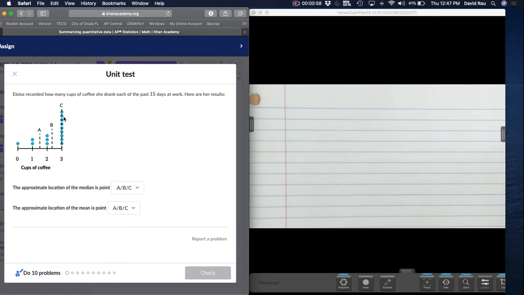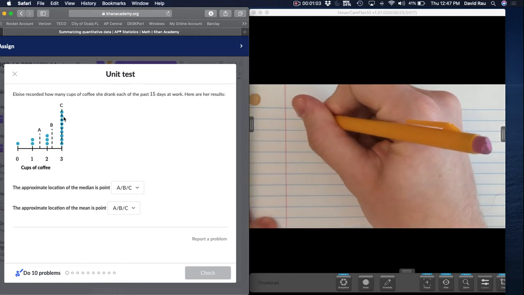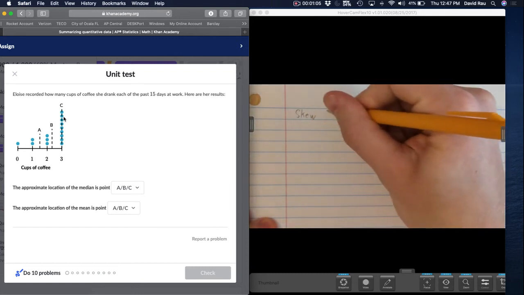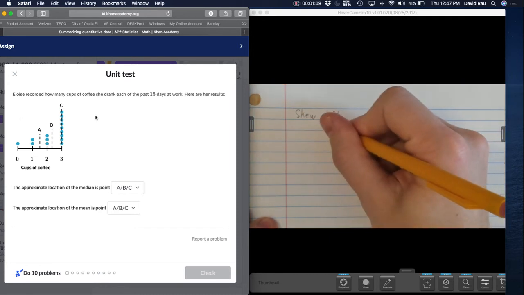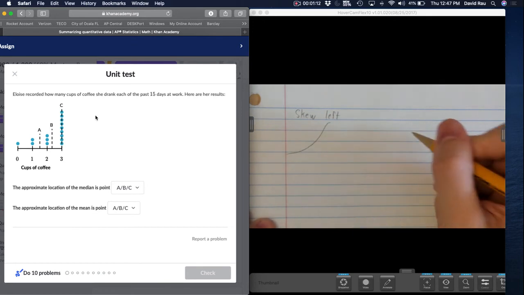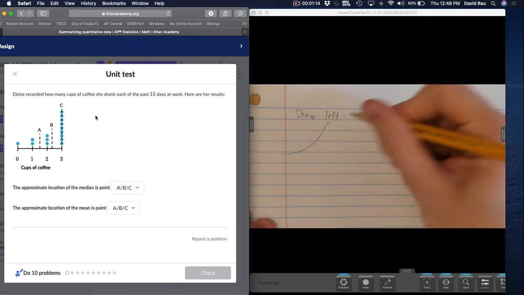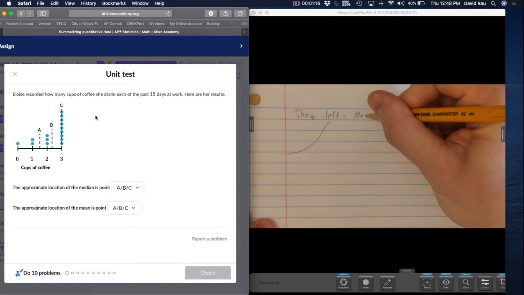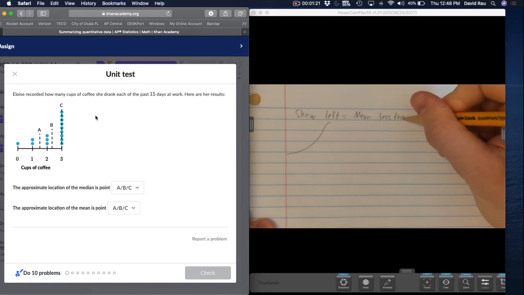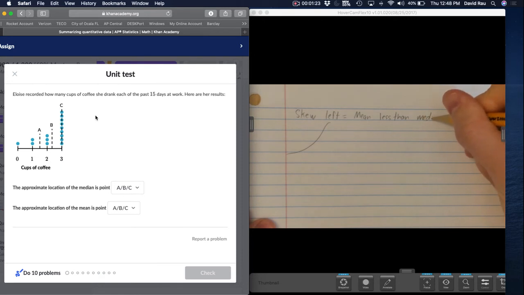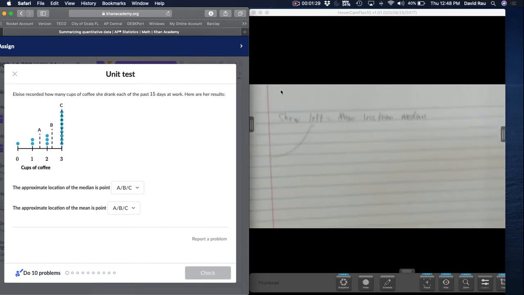One thing we know is true is that if a distribution is skew left, in other words, has kind of a left tail to it, the mean will be less than the median. Every time, guaranteed. And if it was skew right, then the mean would be greater than the median.